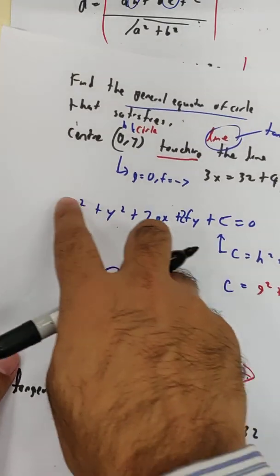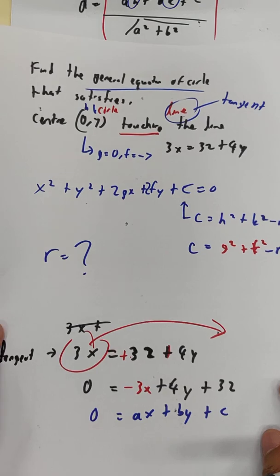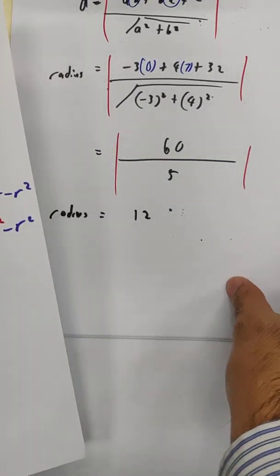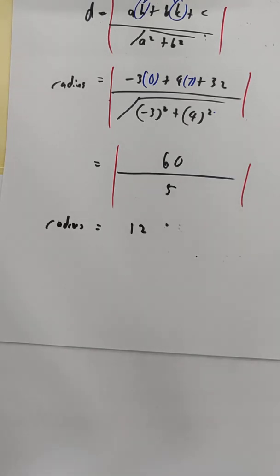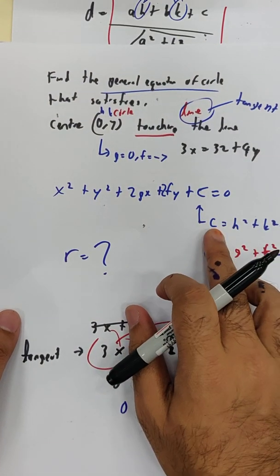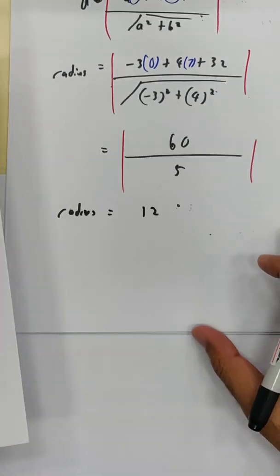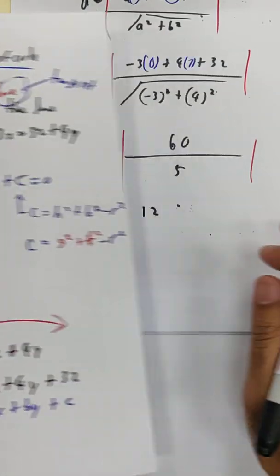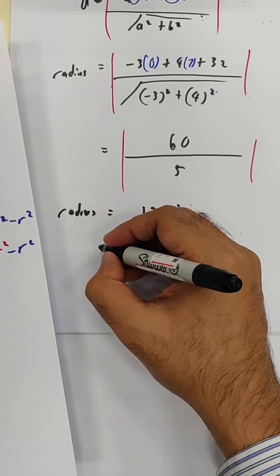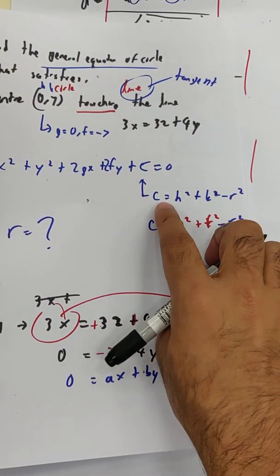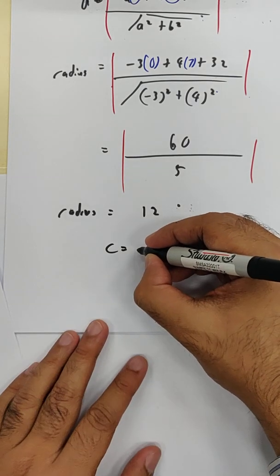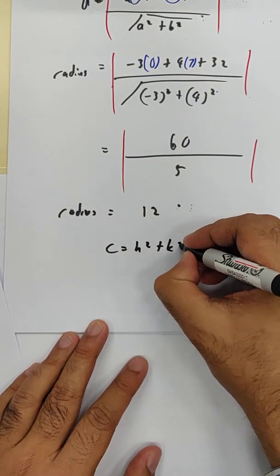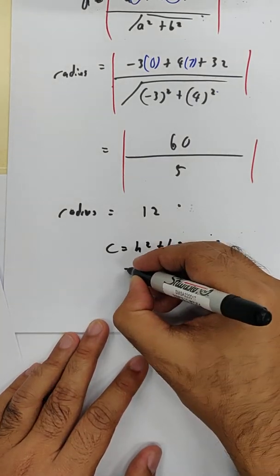We substitute back into this whole equation here. Okay, so x squared. Let's find c first. c equals h squared plus k squared minus r squared.